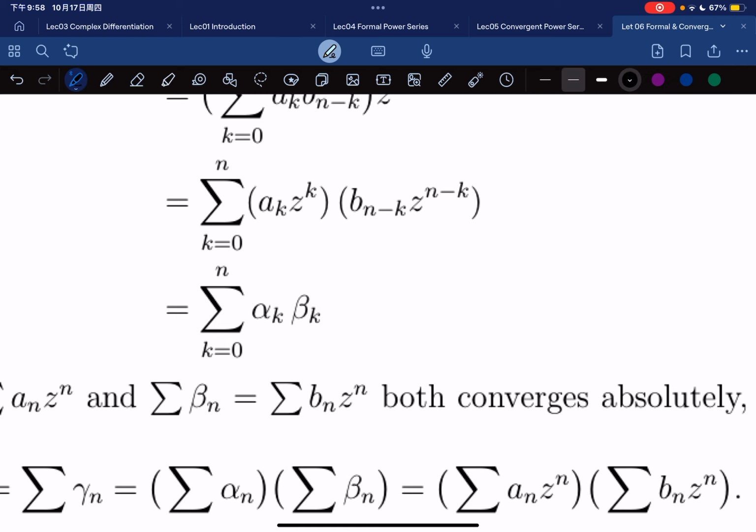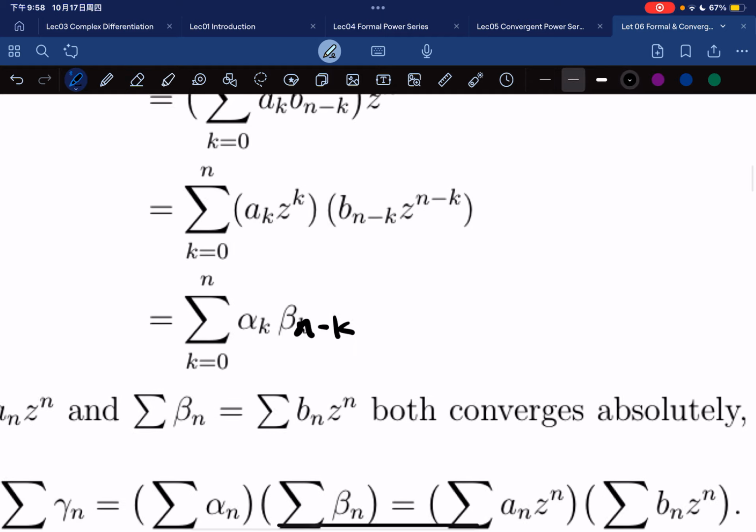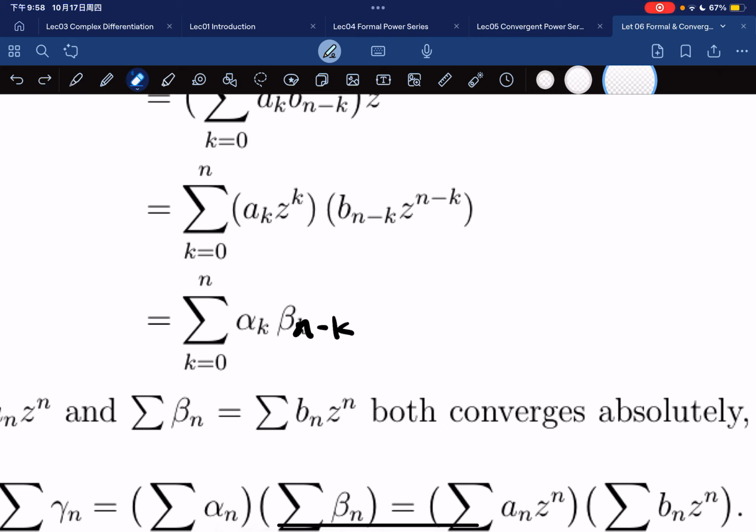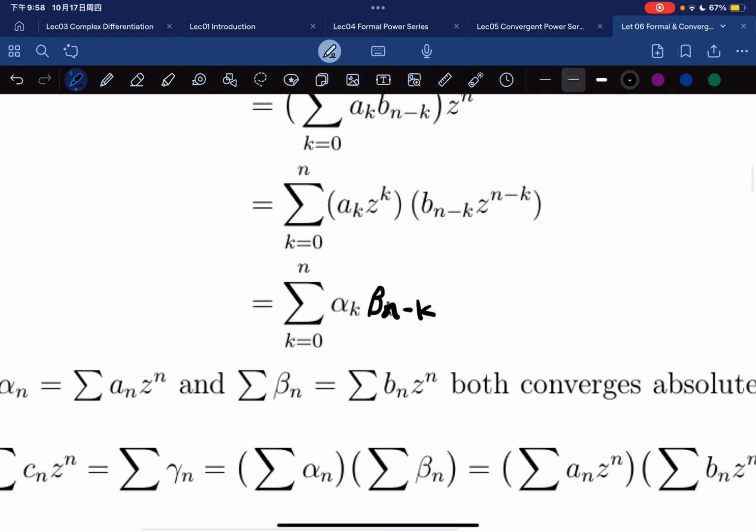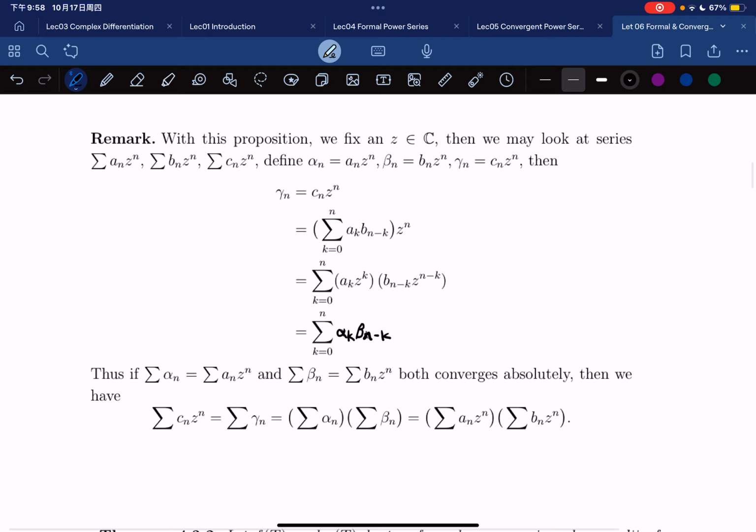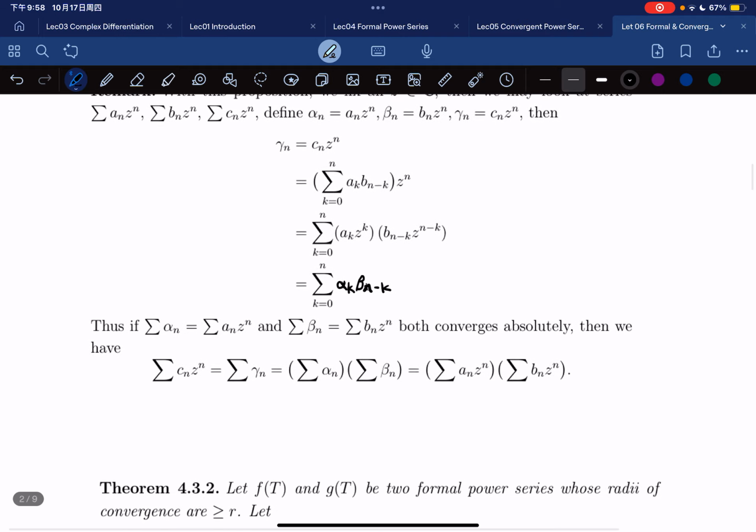Let me write this. It should be n minus k: alpha_k, beta_(n-k).